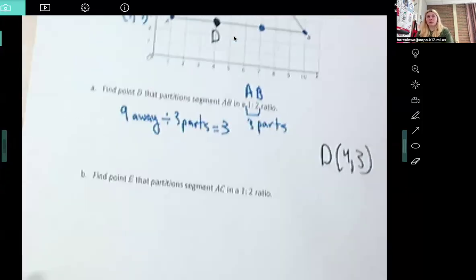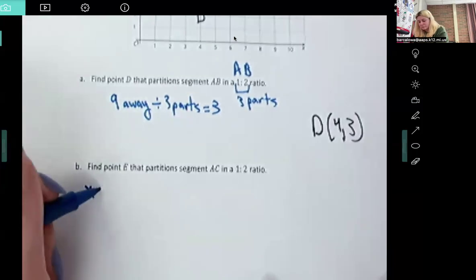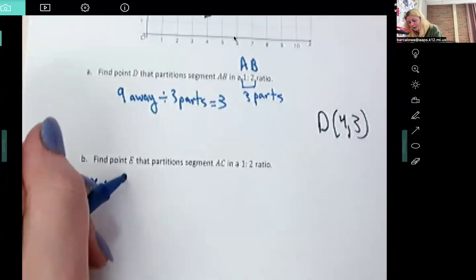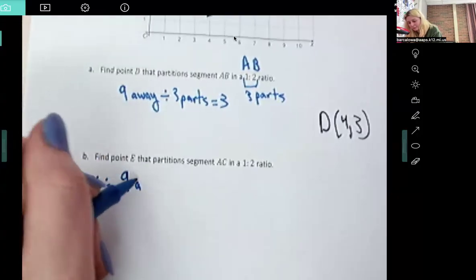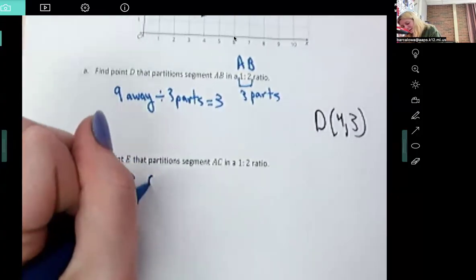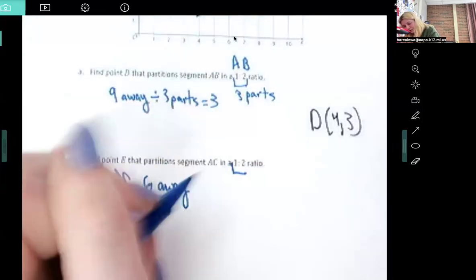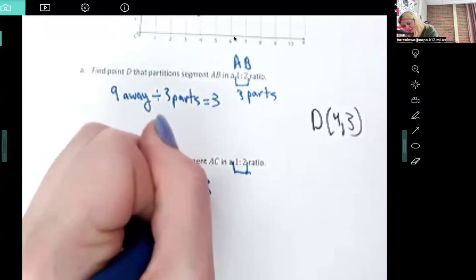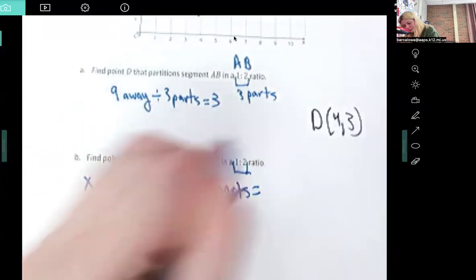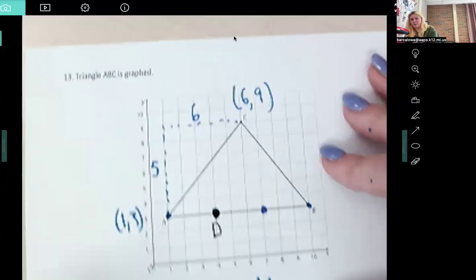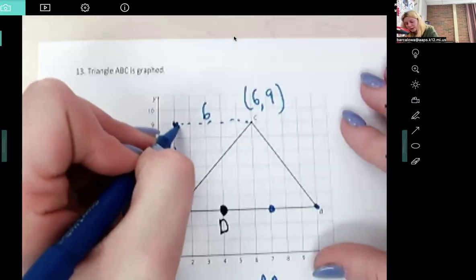Okay, so let's look. In my horizontal direction, those 2 points are 6 apart. And again, I want 3 parts. So 6 divided by 3 is 2. I'm going to come up here and make tick marks every 2.